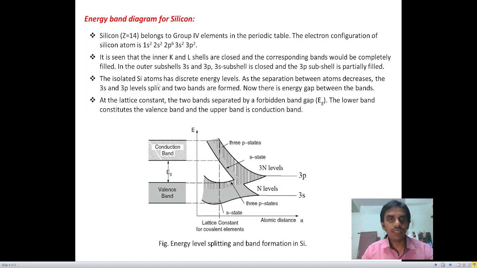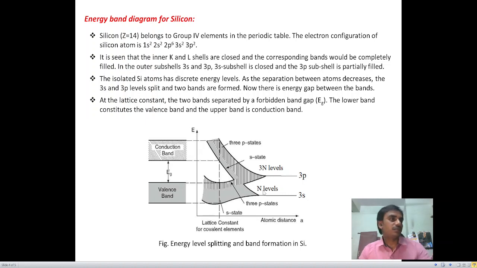The isolated silicon atom has discrete energy levels. As the separation between the atoms decreases, the 3s and 3p levels split into two bands, and now there is a gap between the bands.